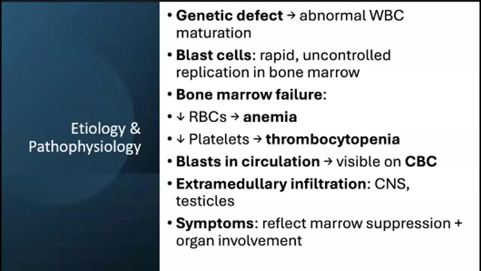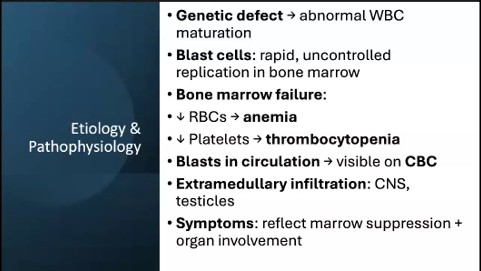Leukemia most often develops from a genetic defect that disrupts normal white blood cell maturation. The malignant white blood cells replicate rapidly, producing large numbers of immature blast cells in the bone marrow. These blast cells ignore normal feedback mechanisms and continue uncontrolled replication.